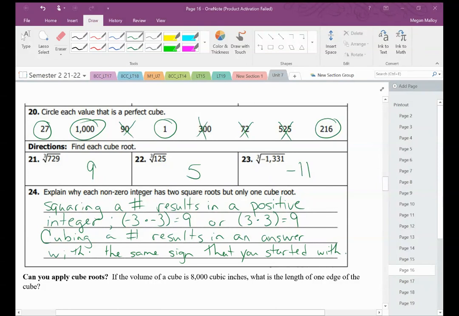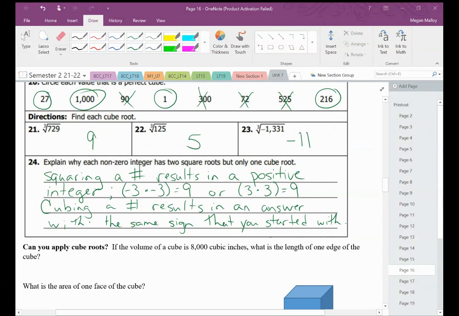Again, your answer does not need to match that exactly, as long as you explain it in a way that, as you look back at your notes when you're studying for your first quiz and your test, you can explain how you know such things.